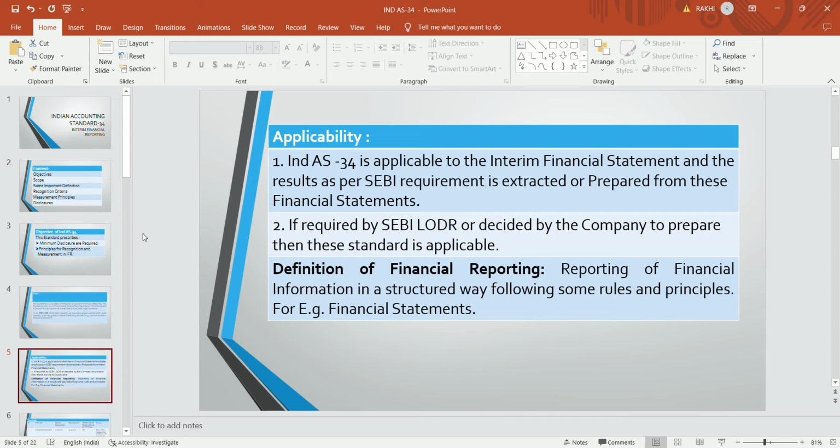That is the definition. For example, the financial statement of any company: they follow every kind of rules, guidance, available accounting standards and principles to prepare the financial statement. That is the definition of financial reporting.